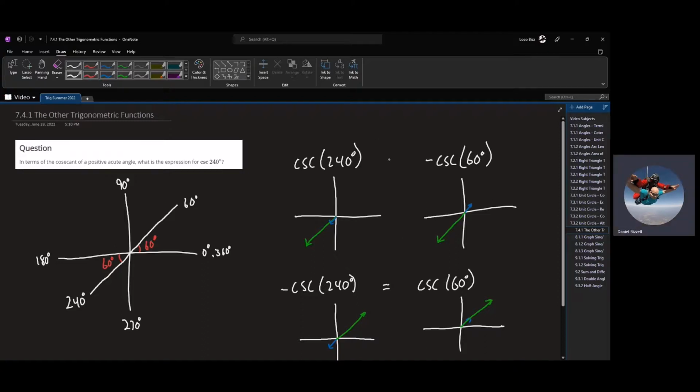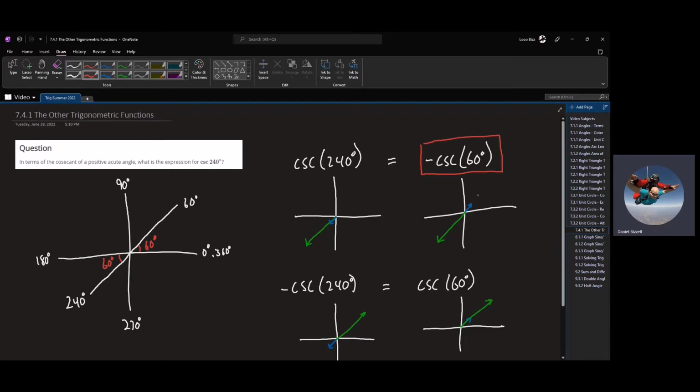We could also say the same thing about these two angles. They terminate in the exact same spot. So this question is asking us to find an angle between 0 and 90 degrees that terminates in the same spot as this 240-degree angle, which would be our trig function right here, negative cosecant of 60 degrees, which has us point in the direction of 60 degrees.